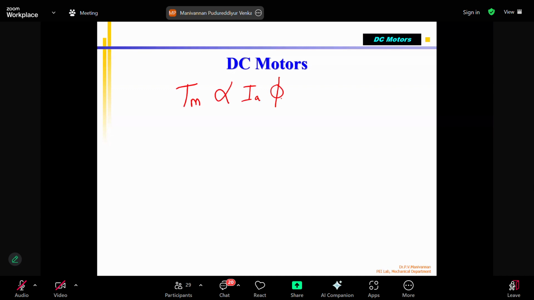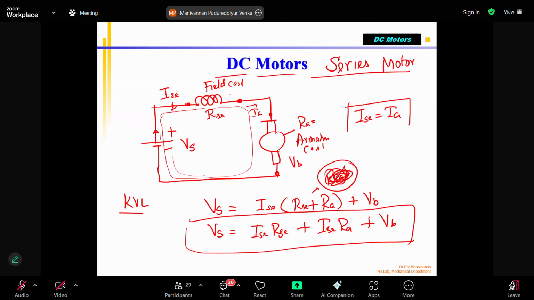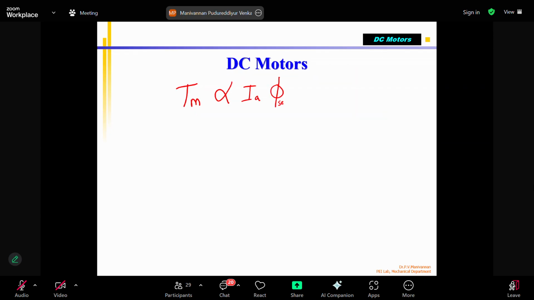Phi means we are talking about the magnetic field created by the series coil, which is the field coil. The field coil is connected in series. That's why we call it a series coil. But actually it is a field coil that is in the body of the motor, and the armature coil is on the rotating part.